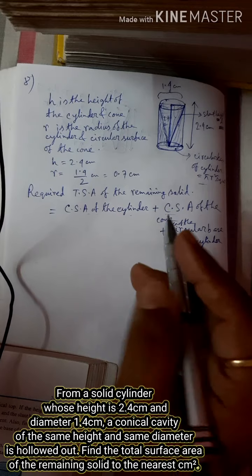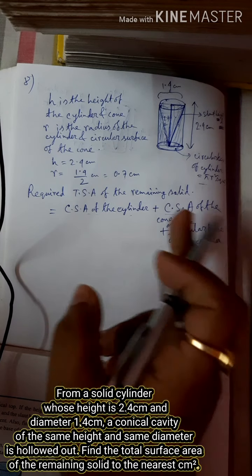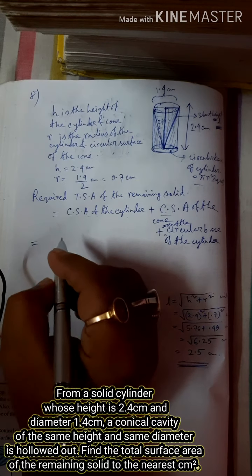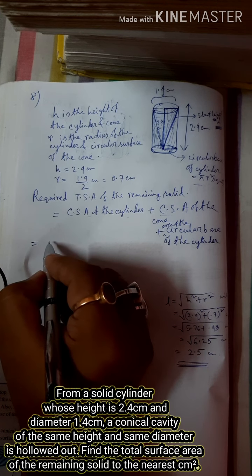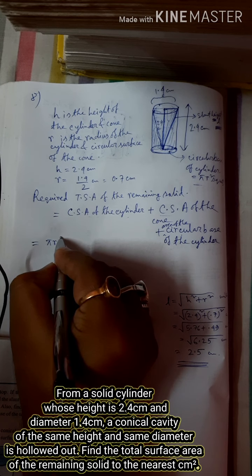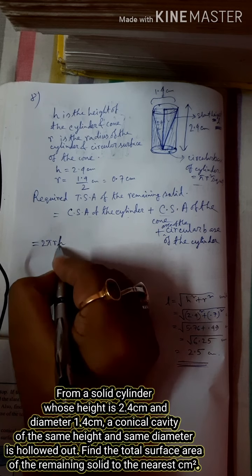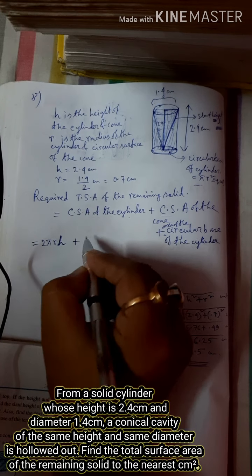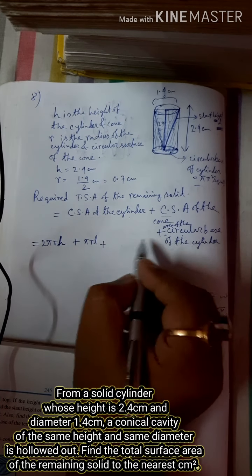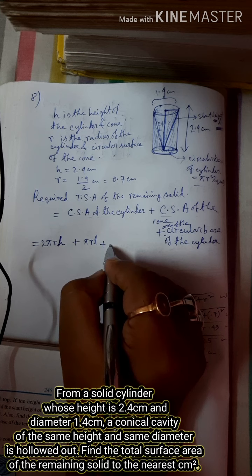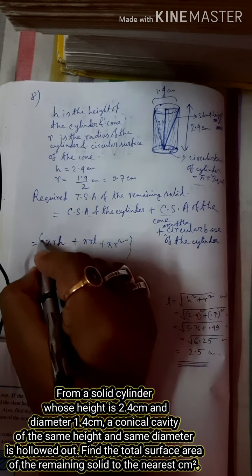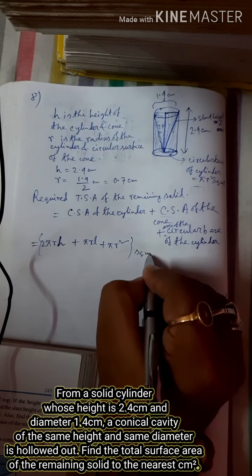Now I have all the values required for calculating the area. Now let's put the values according to the formula. The curved surface area of the cylinder, that is 2 pi r h. Then curved surface area of the cone is pi r L, and the area of the circular base, that is pi r square, right?